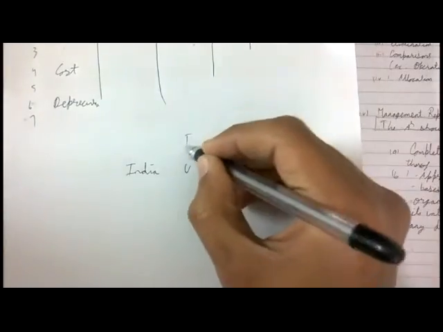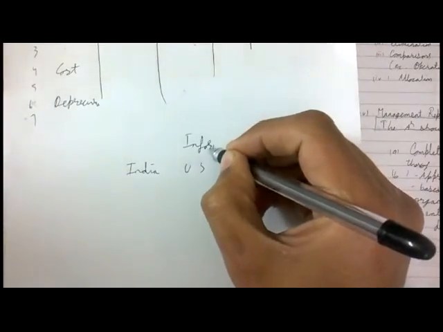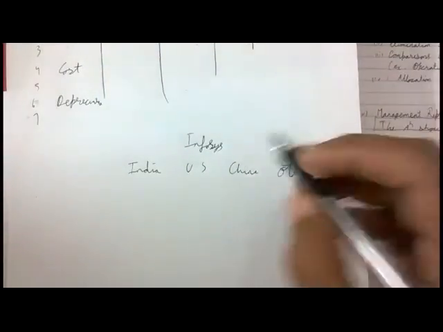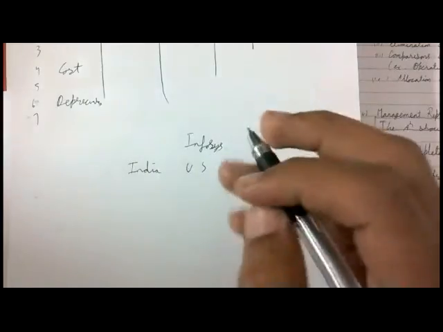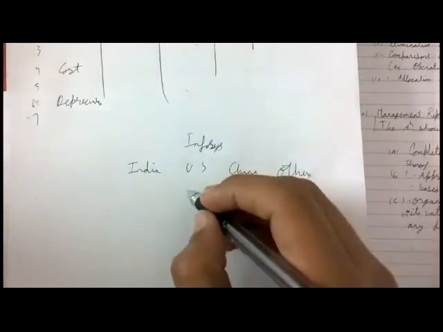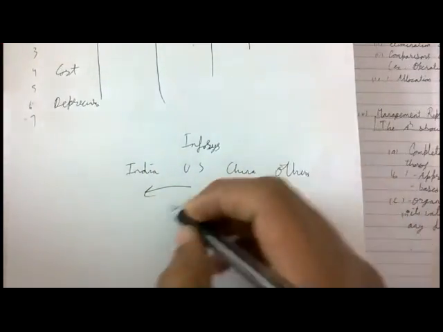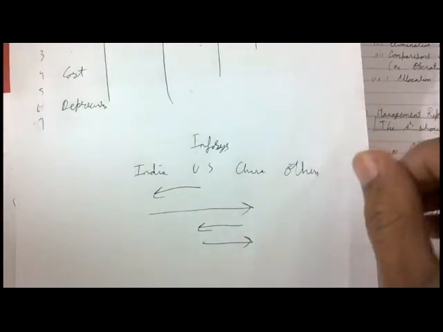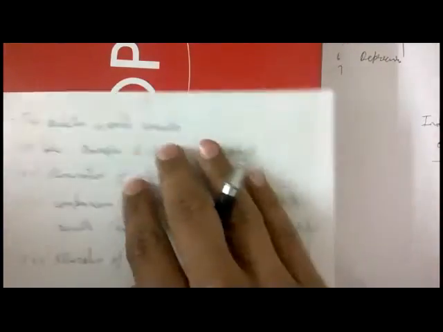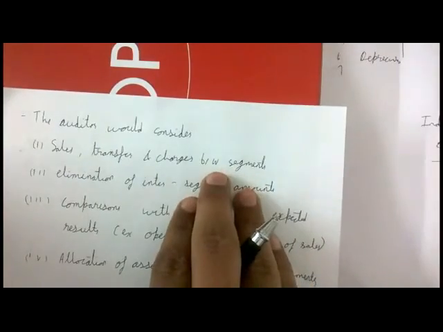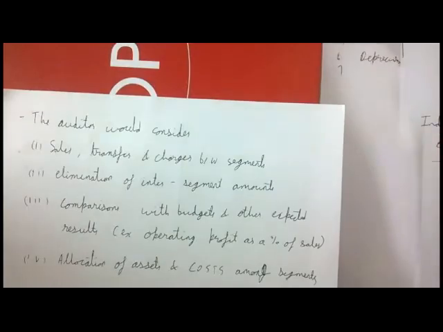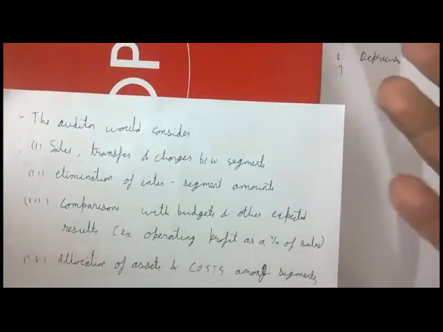If Infosys has these three major segments, and then others, there would definitely be, and I'm 100% sure, some kind of transfers from US to India, from India to China, from China to US, from US to China. There would be some transfers, so they need to be taken care of. So sales transfers and charges between segments, and elimination of intersegment amounts. These intersegment amounts need to be eliminated to compute the total sales of the entity.